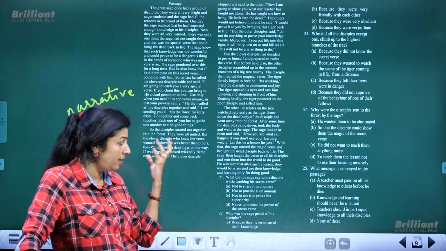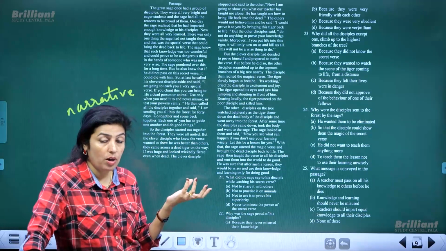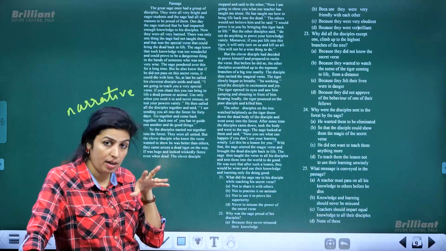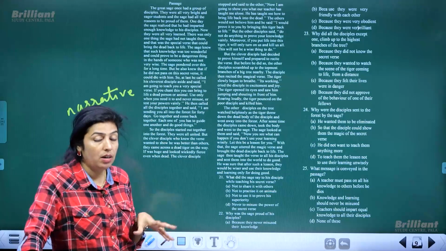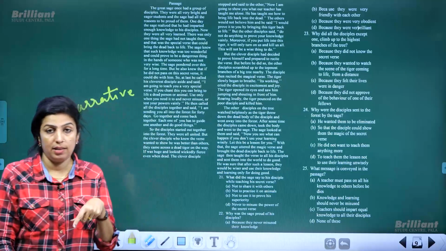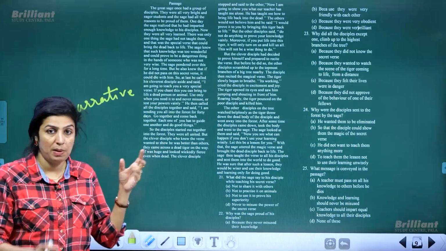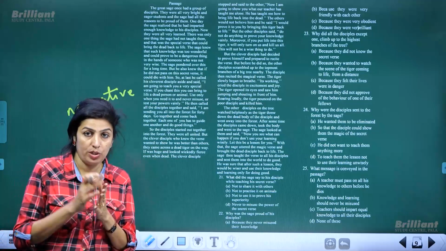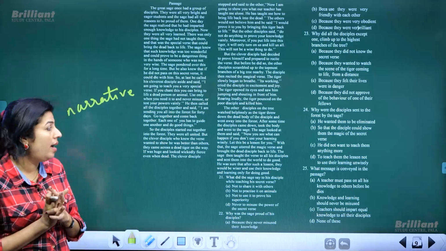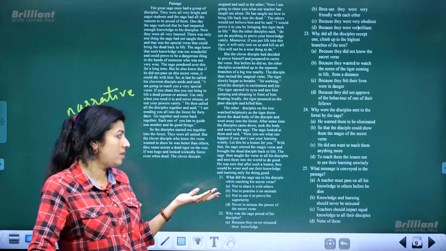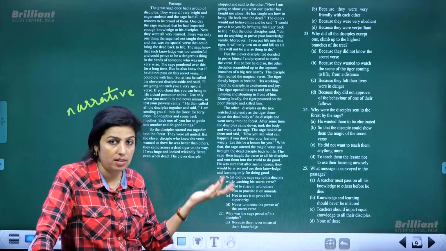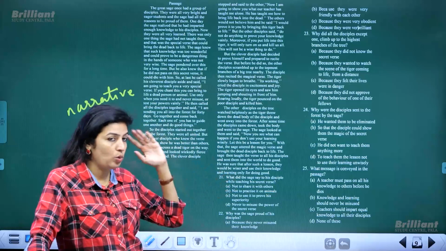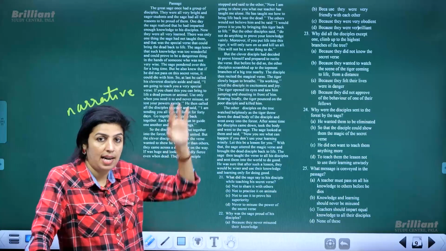And that particular disciple who was taught the art of bringing dead people back to life thought of trying that trick, or else he thought of experimenting with that particular verse or that particular magic. And the other disciples gave repeated warnings. He didn't listen to those warnings, and in fact those disciples, to save their skin, climbed the tree.